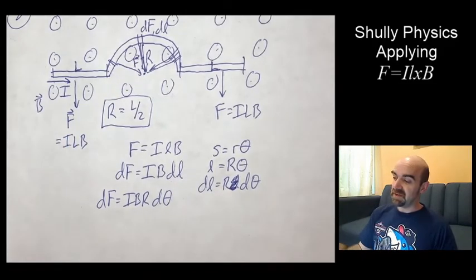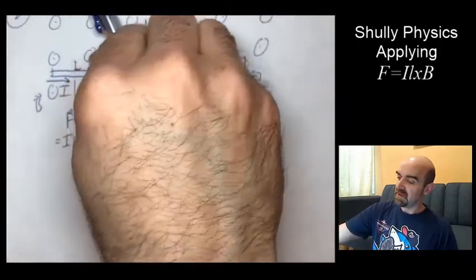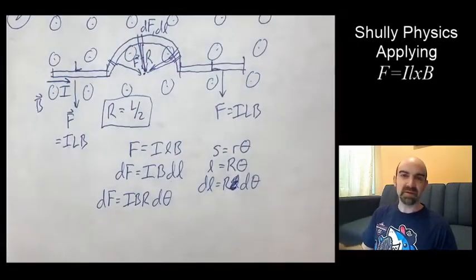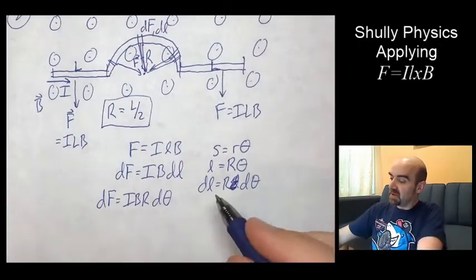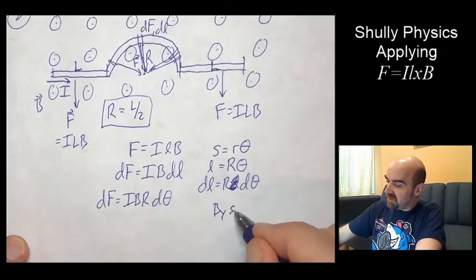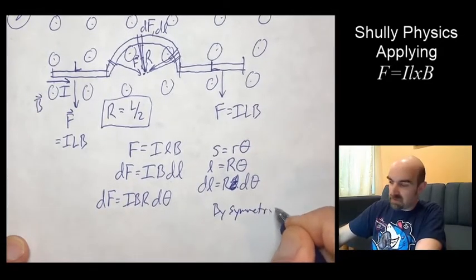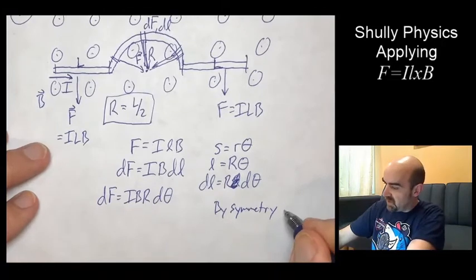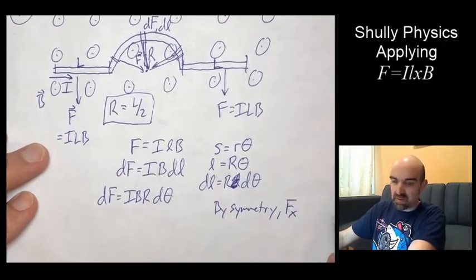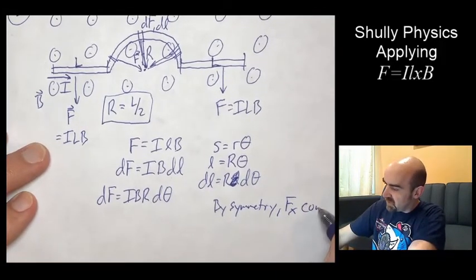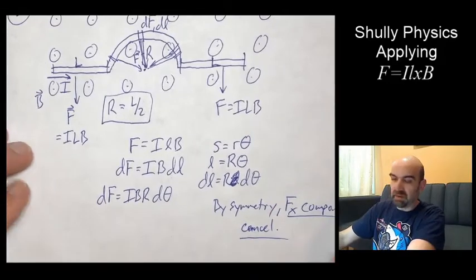So you might see here, if we sum up all these little dF's, the x components will cancel. So I could say, by symmetry, the x components of the force cancel.